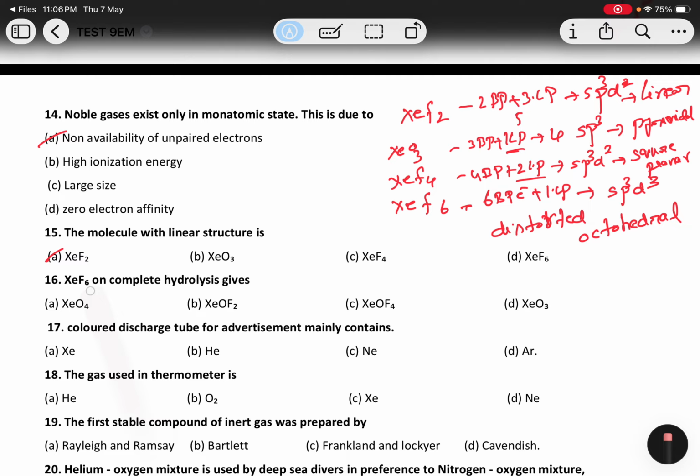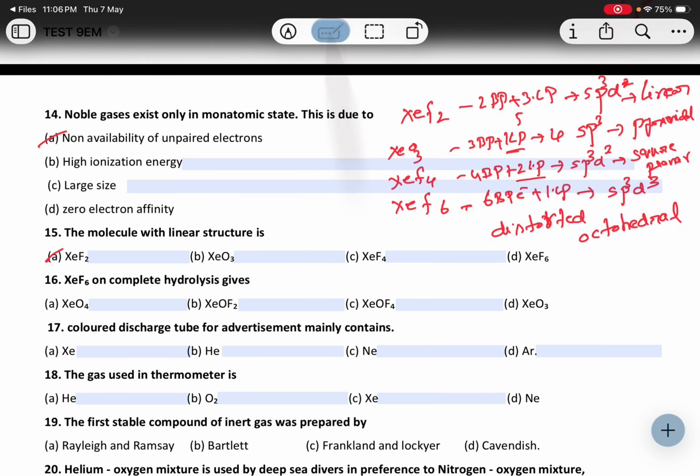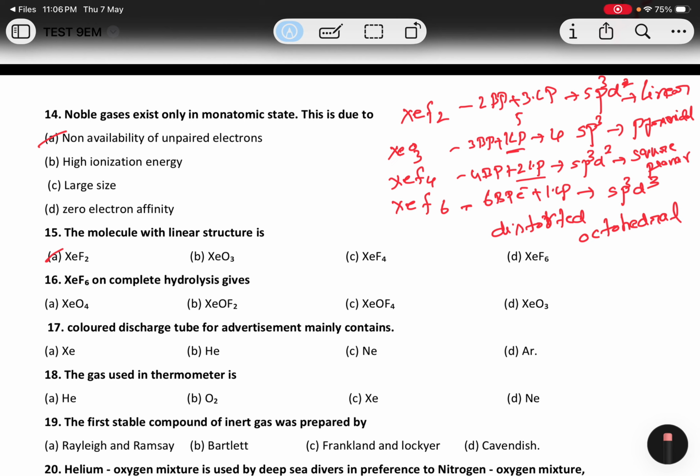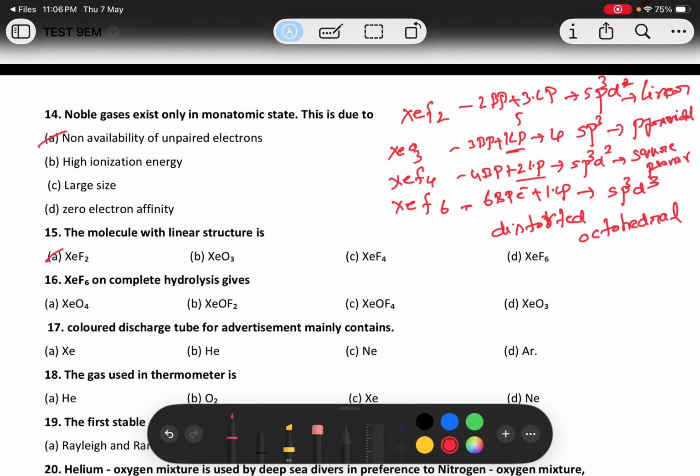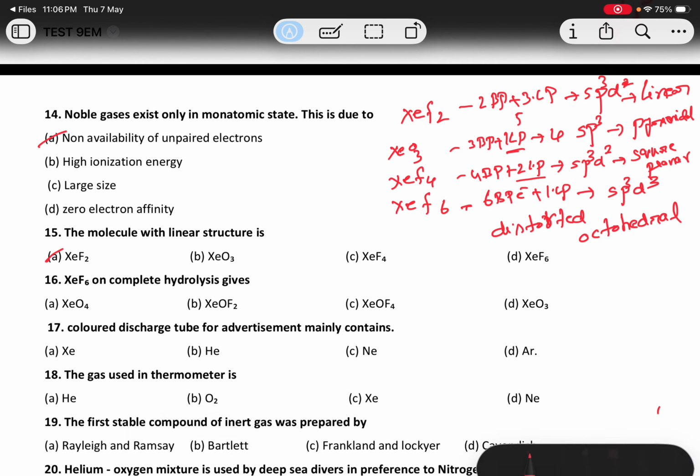Okay, next, XeF6. XeF6 on complete hydrolysis gives: XeO4, XeOF2, XeOF4, XeO3.